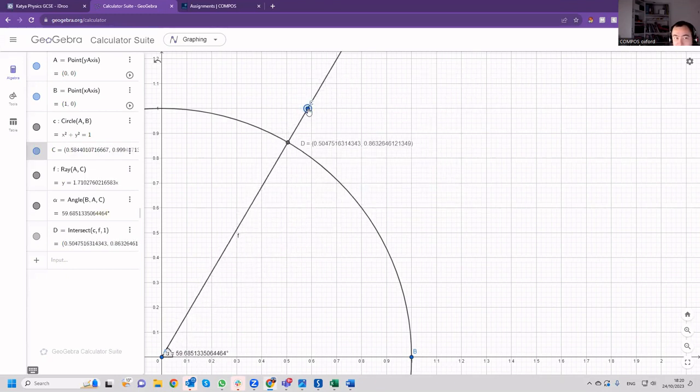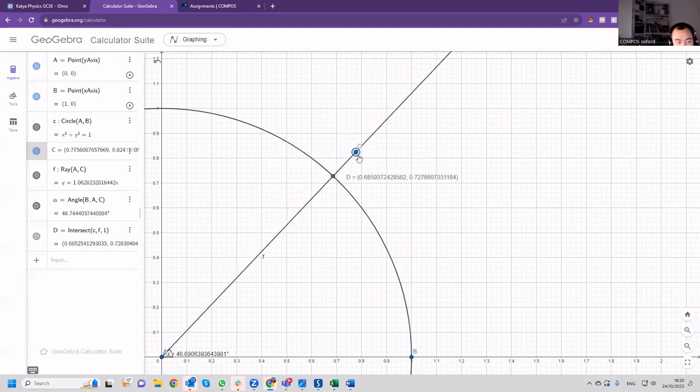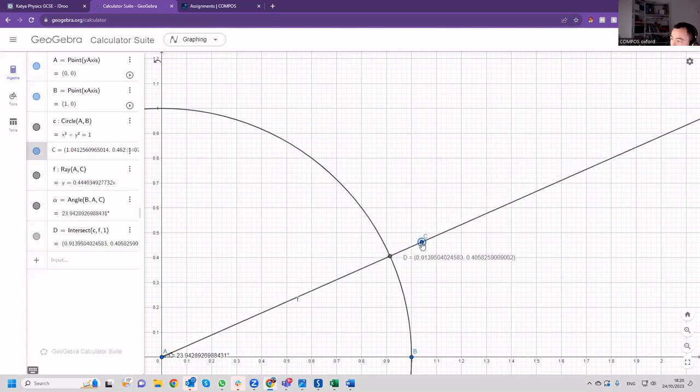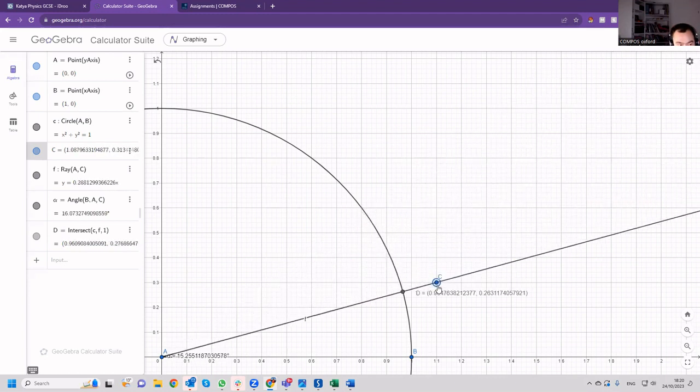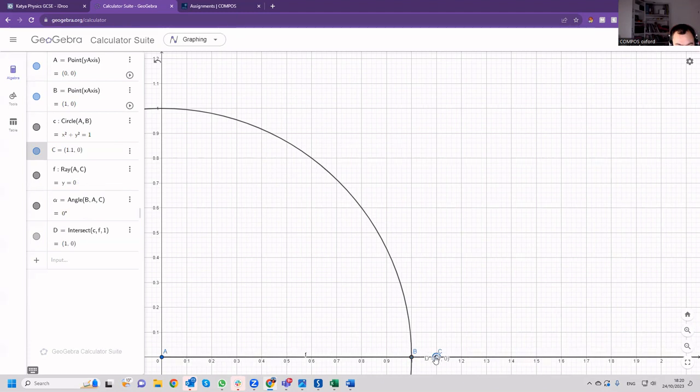Please answer in the chat. Cosine of 0 degrees. So if I make this angle 0, one. It is 1, yes. Look, because if I move this and make it like this, you see it's 1, 0.